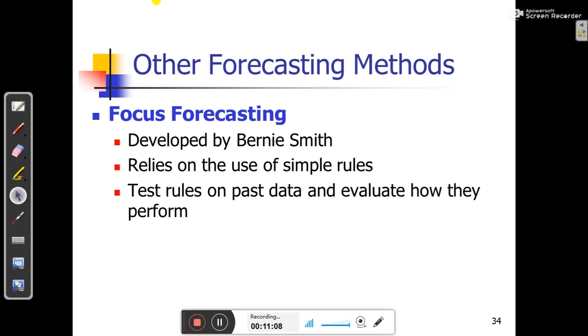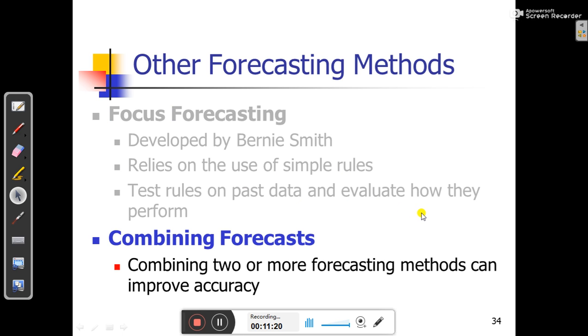There are other forecasting methods also, like the one developed by Bernie Smith, which relies on the use of simple rules, testing the rules on the past data and evaluating how they perform. Also, combining forecasts means you can apply 2 or more forecasting methods on the same data to improve the accuracy.